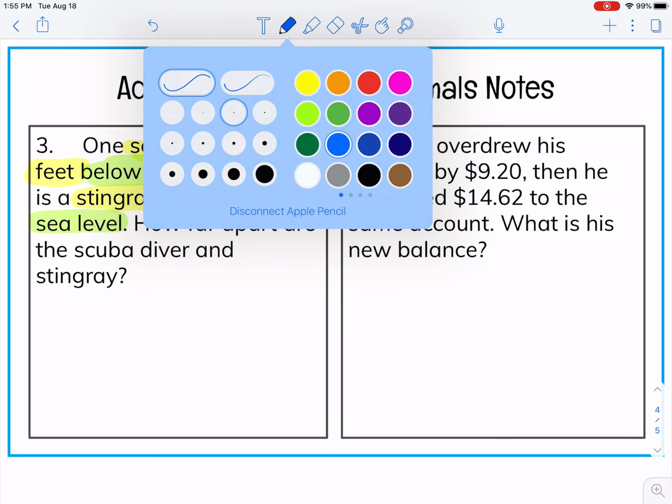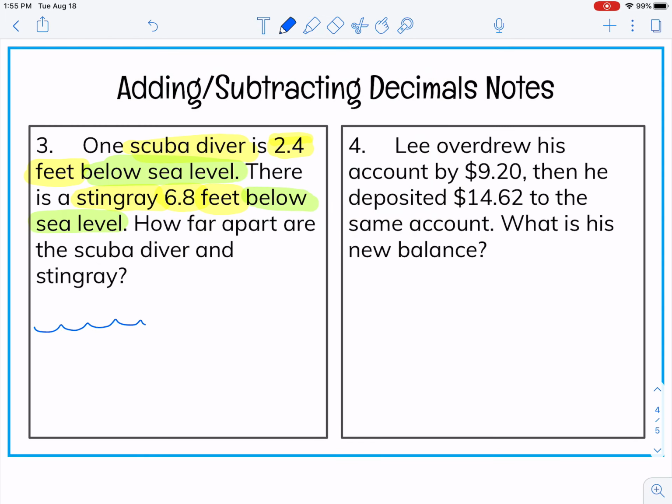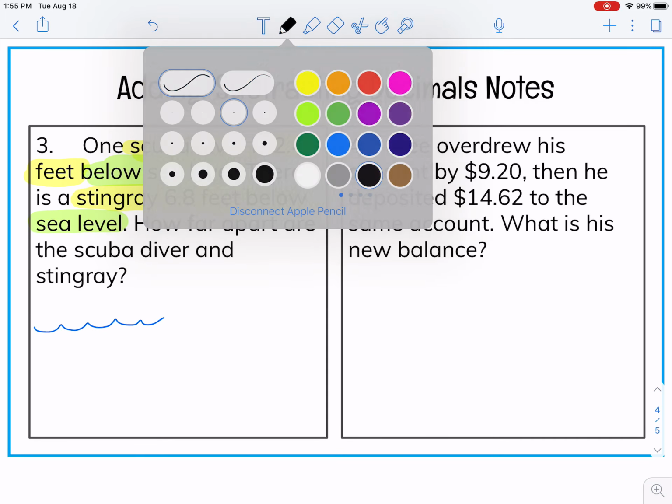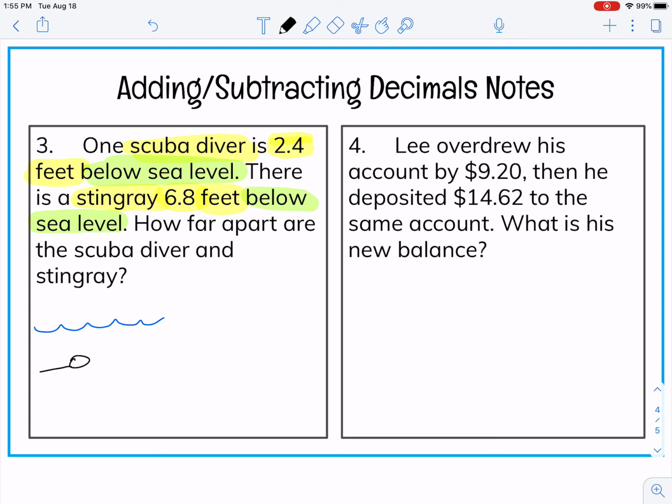So for example, if we had the ocean and then we had the scuba diver, he was at negative 2.4 feet, whereas the stingray was at negative 6.8 feet, which is below sea level. And now we're seeing how far apart they are.